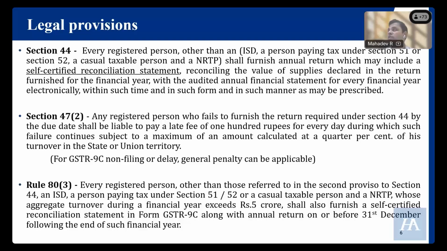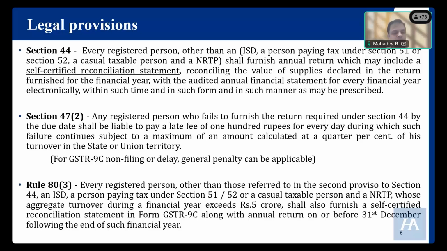When it is not including self-certified reconciliation statement, then it is as if you have not filed complete annual return. Annual return is not complete because you have not filed your 9C. So based on that interpretation, the late fee is being demanded on 9C also, which can, of course, be contested, saying that even if you see the format, it automatically computes this penalty or the late fee only for GSTR 9.